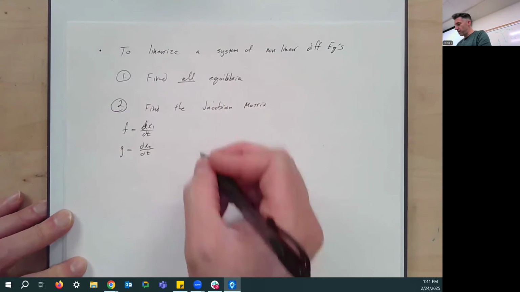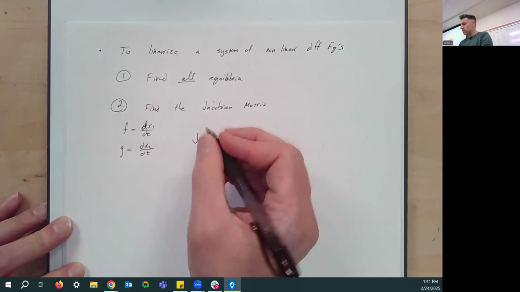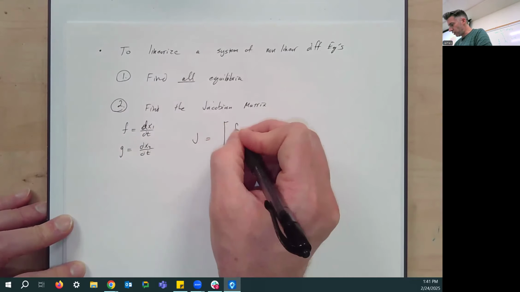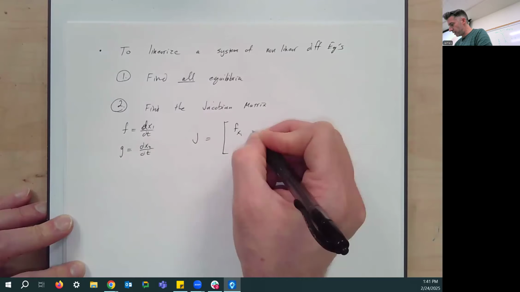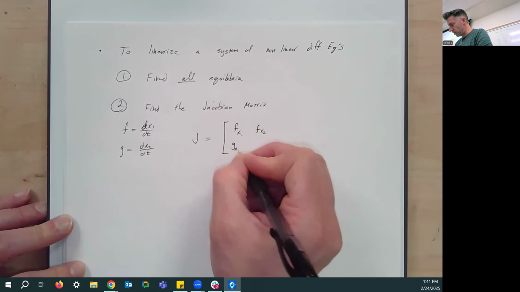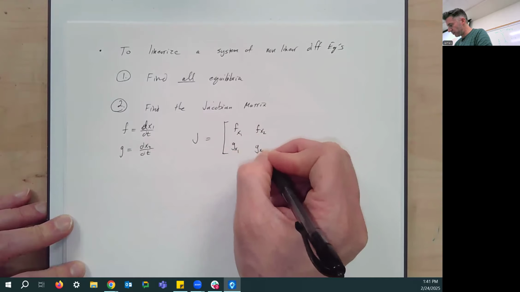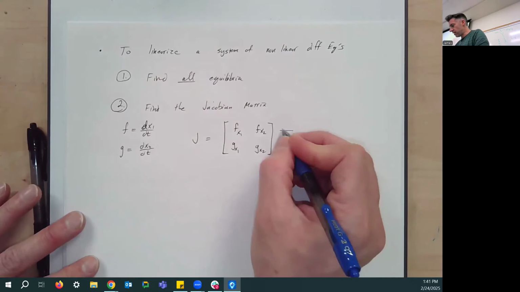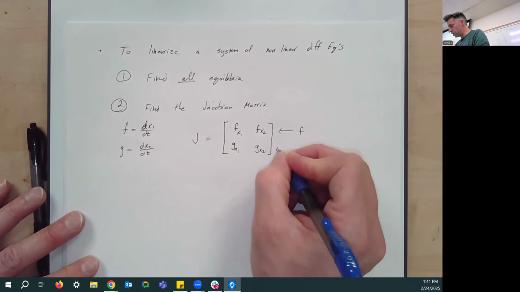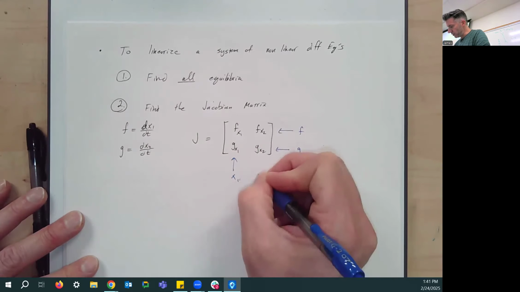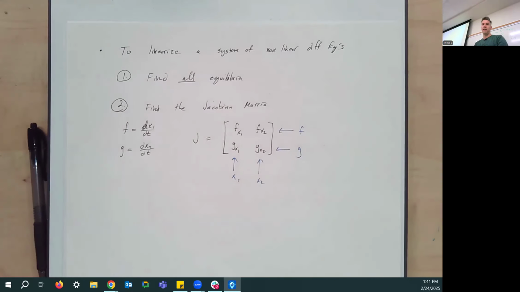Then our Jacobian matrix is equal to the partial of f with respect to x1, the partial of f with respect to x2, the partial of g with respect to x1, the partial of g with respect to x2. I always remember it as f on top, g on the bottom, x1 in the first column, x2 in the second column. That's how I think about what I'm doing.